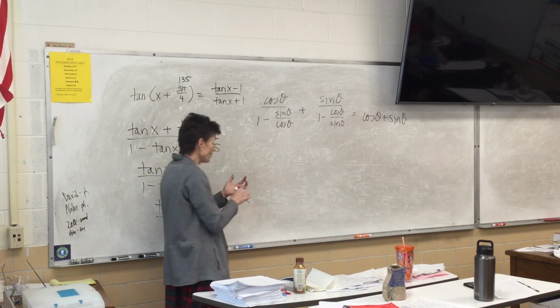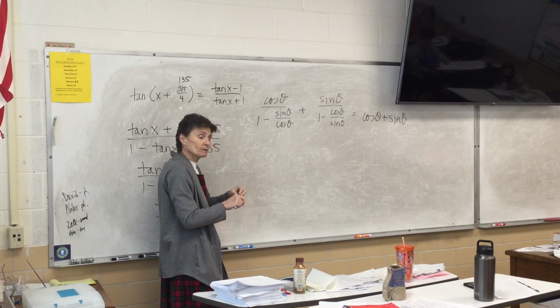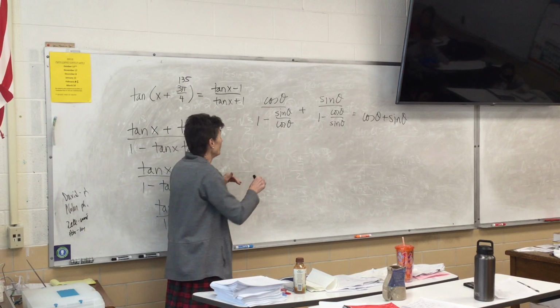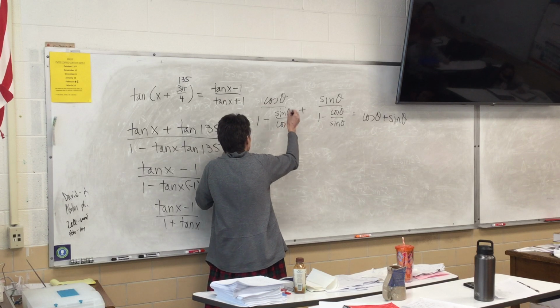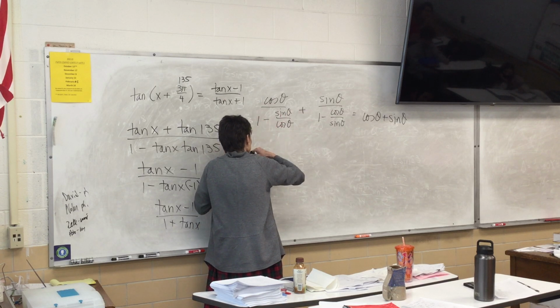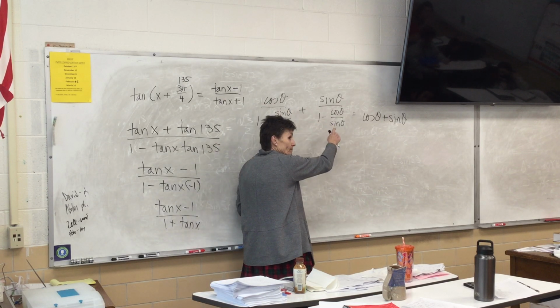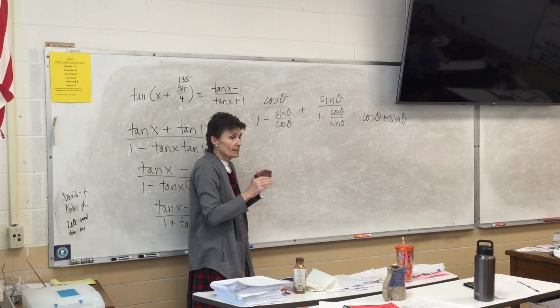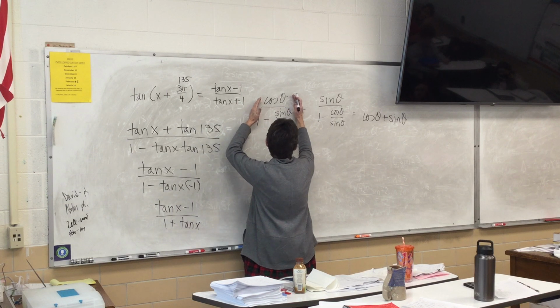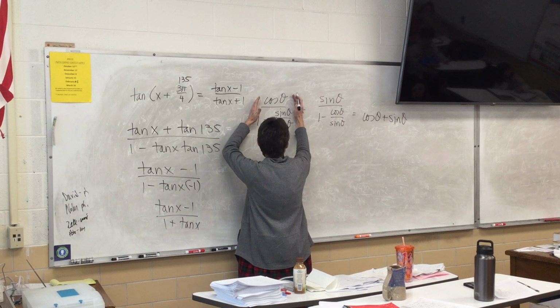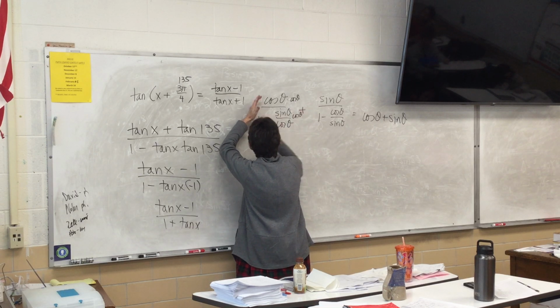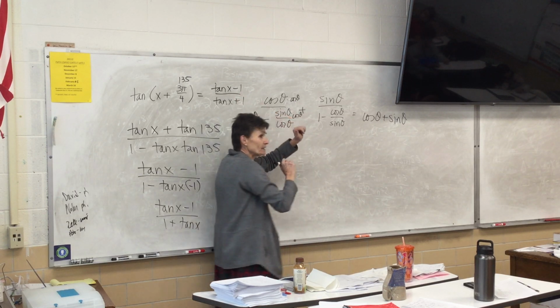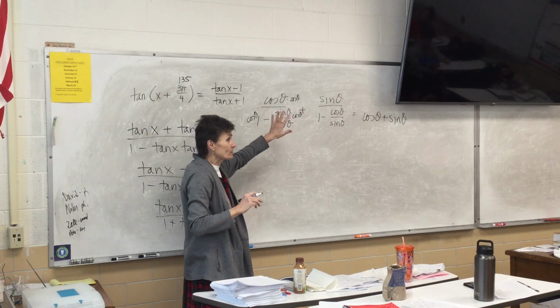Now, I'm glad we're doing this one because I think we talked about this before. This fraction is separate from this fraction. I do not have to do the same thing to both fractions. I am going to look at this complex fraction and multiply top and bottom by cosine.